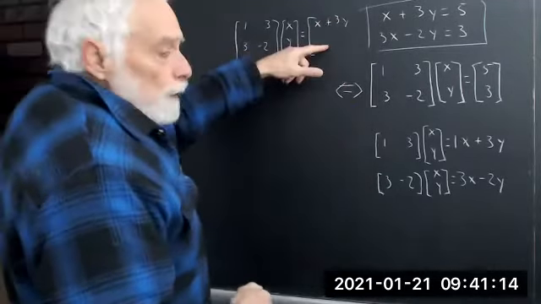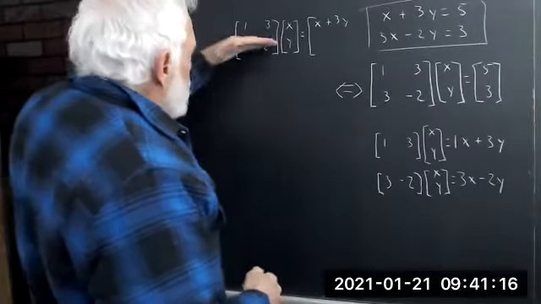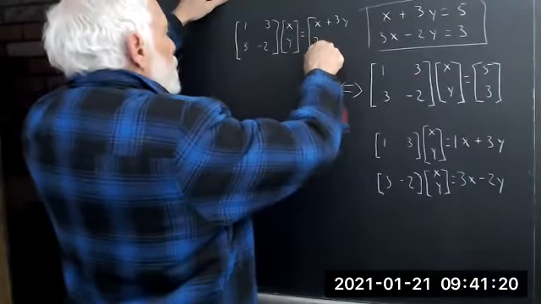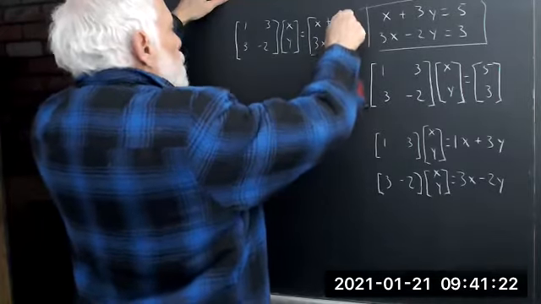And the second row of the result is the second row times the column, and that's going to be 3x minus 2y.